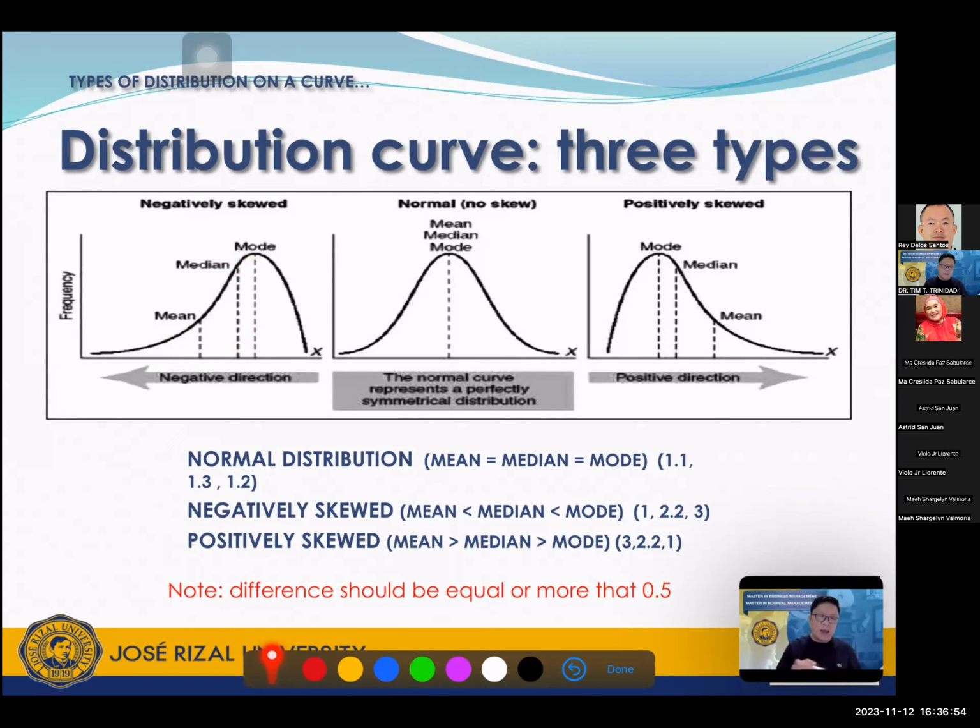Okay. If the mean is greater than the median and the mode, if they are not equal with each other, it will produce a positively skewed distribution. Again, in a positively skewed distribution, your tail points towards the positive side, and in a negatively skewed distribution, your tail points to the negative side.